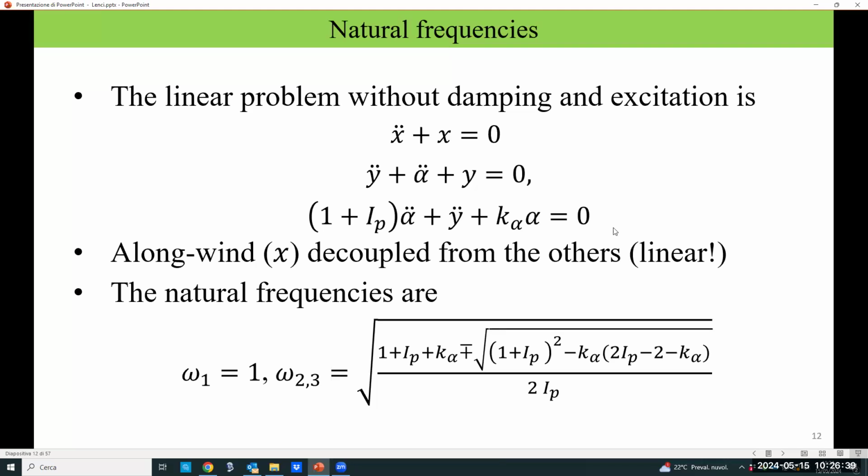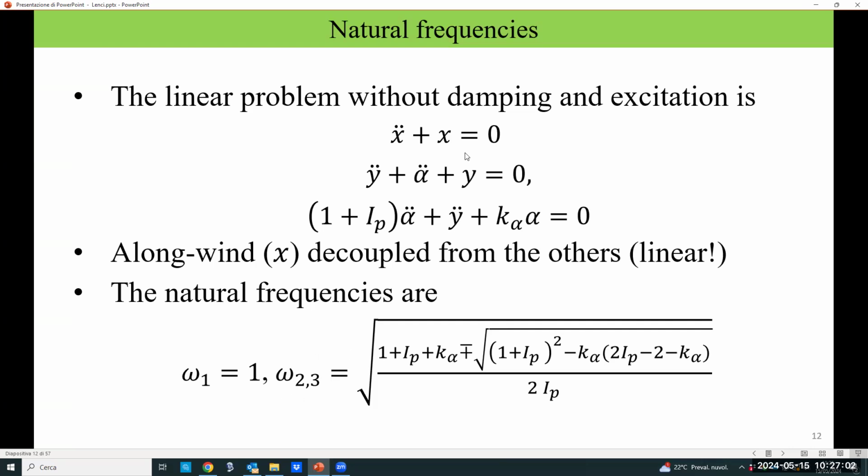If you compute the natural frequencies of this system, the first one is 1, coming from the X equation, and it is the natural frequency along the wind. Of course, it is just 1 because of our nondimensionalization. In physical dimension it will be another number, but it is set equal to 1 after the nondimensionalization.